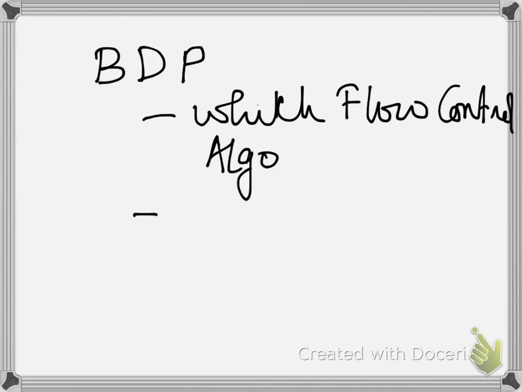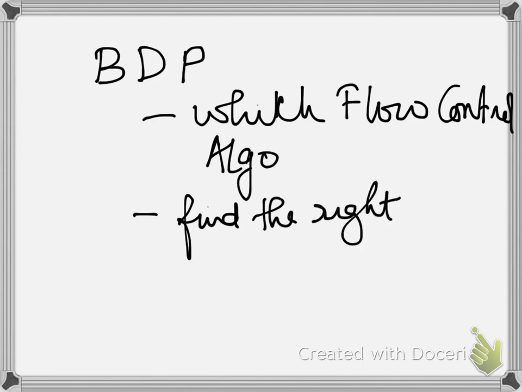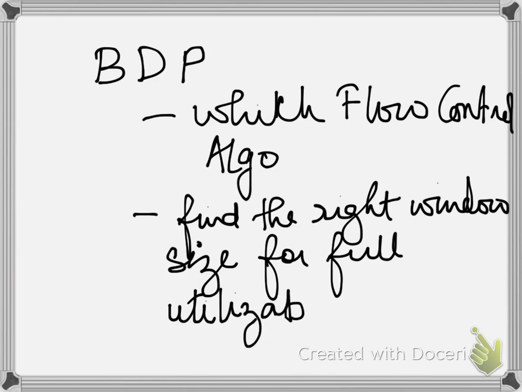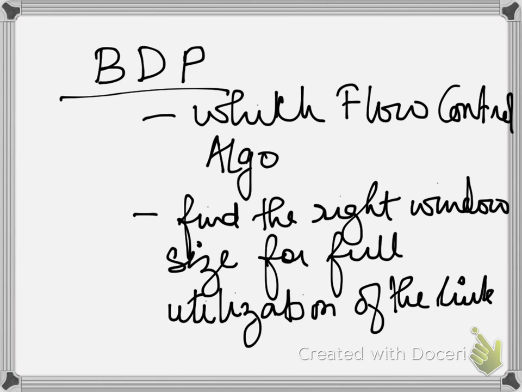And if you are using sliding window, then it will also help you to find the right window size for full utilization of the link. So that is all about our flow control.